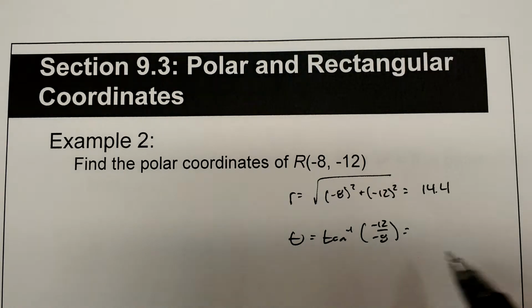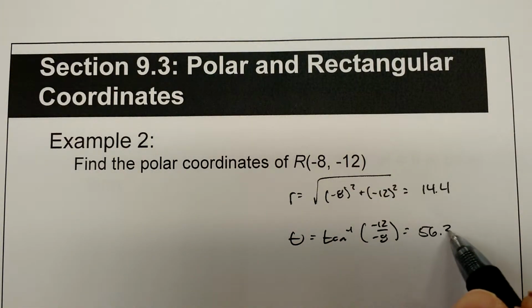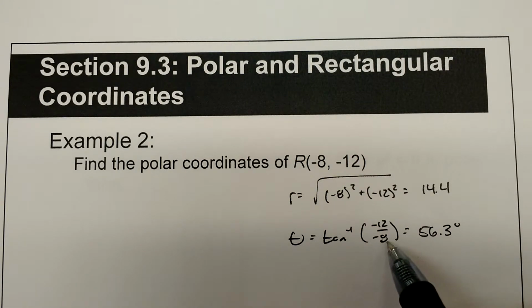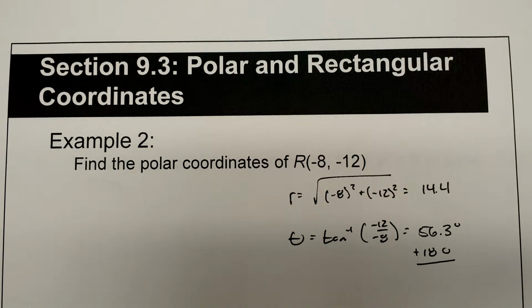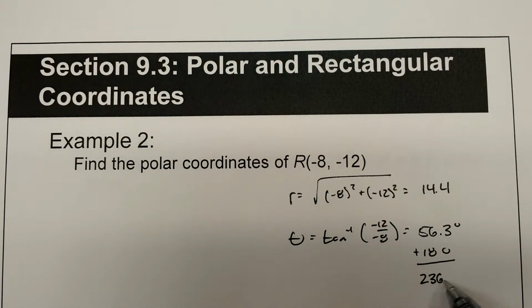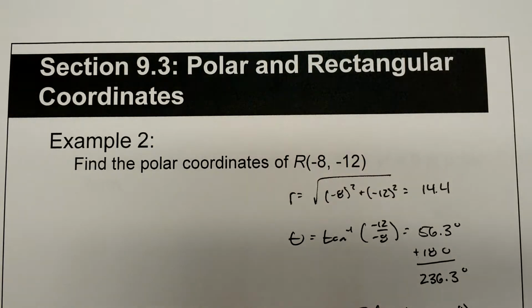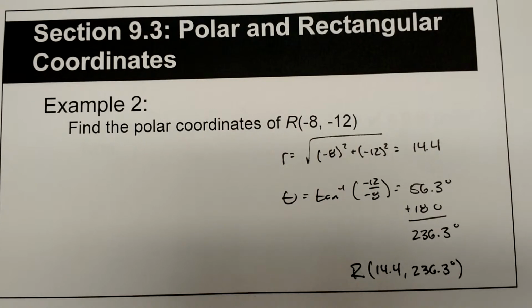And that gives me 56.3 degrees. But x is less than 0, so I have to add 180 to my answer, which gives me 236.3 degrees. So the point R lies at 14.4 comma 236.3 degrees. That's how you'd write the answer.